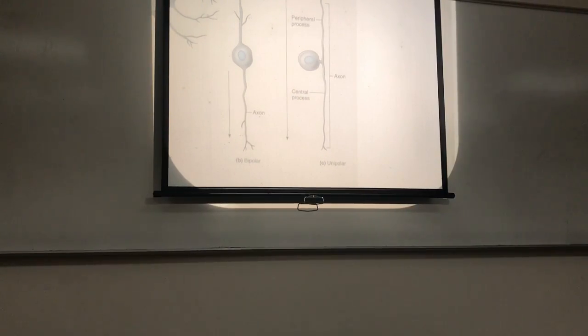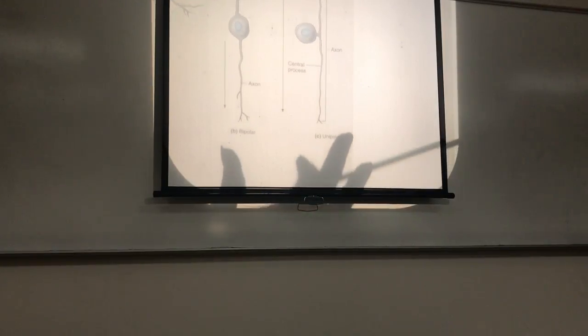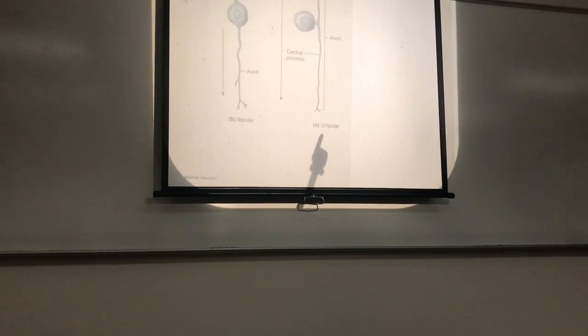Now the third type shown here in the picture, at first it looks like a bipolar neuron. The cell body is kind of centrally located. But you'll notice that instead of inserting itself between the dendrite and the axon, the cell body is on this little stalk of tissue off to the side. This is something called a unipolar neuron.